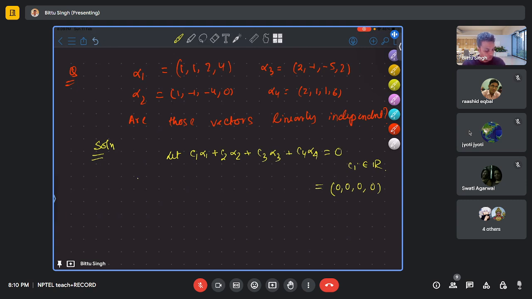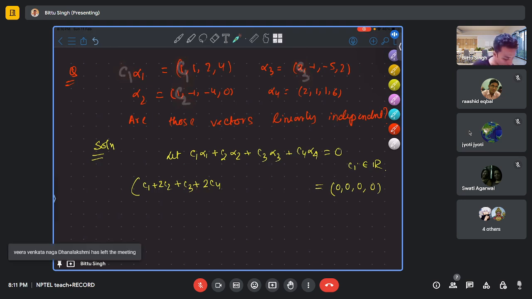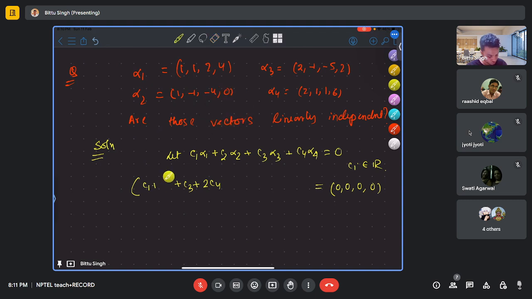Now if we sum those elements using this combination, the first entry will be C1 plus C2 plus 2C3 plus 2C4, because C1 times alpha 1 gives C1, C2 times alpha 2 gives C2, C3 times alpha 3 gives 2C3, and C4 times alpha 4 gives 2C4.